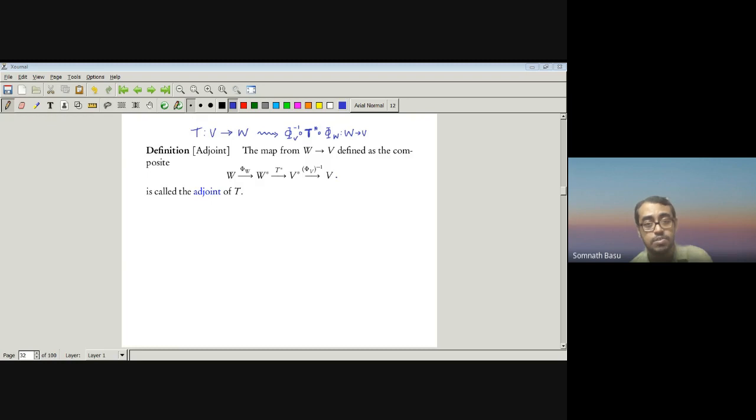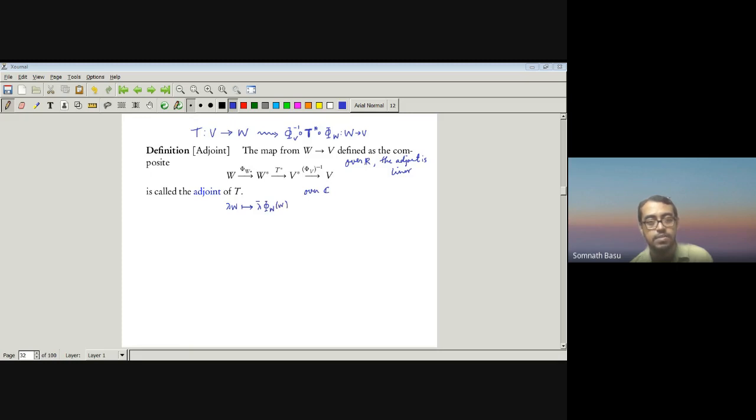So the point is, over R, the adjoint is linear because it's a composition of linear maps. Over C, what happens? If I scale w by lambda, this map is antilinear, so what I'll get here is lambda bar times phi W of w.